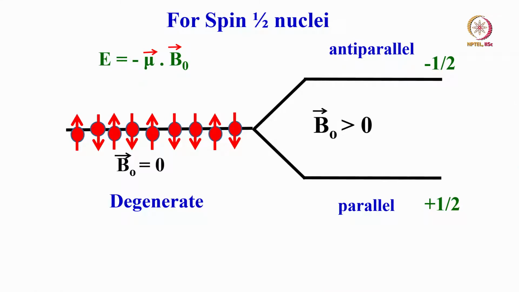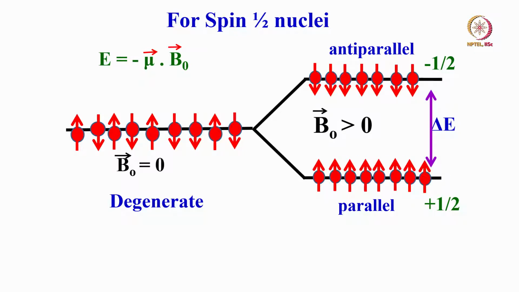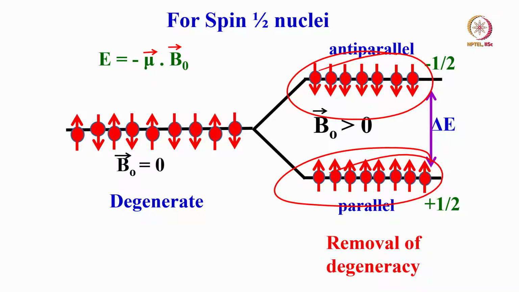One energy state corresponds to anti-parallel orientation of the spins with respect to the magnetic field, the other is parallel orientation, and the separation between these two energies is called delta E. And you can see some spins which are oriented opposite to the direction of the magnetic field, which I have written here, they are all inverted, opposite to the magnetic field, and these are all in the direction of the magnetic field. Now what we did by putting the sample in a magnetic field, we removed the degeneracy.